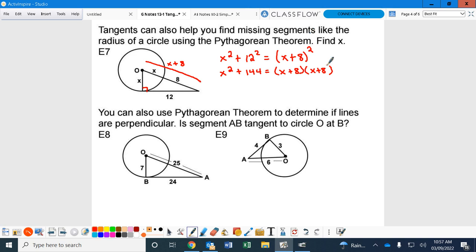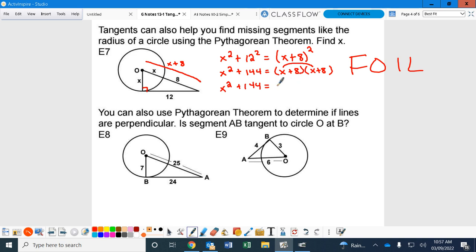So, here we go, guys. F-O-I-L. What does the F stand for? First. So, I'm multiplying the first times the first. Well, first of all, before we even do that, guys, just bring down the x squared plus the 144, just so it's down here. Okay, now let's do it again. What was x times x? Oh, x squared.